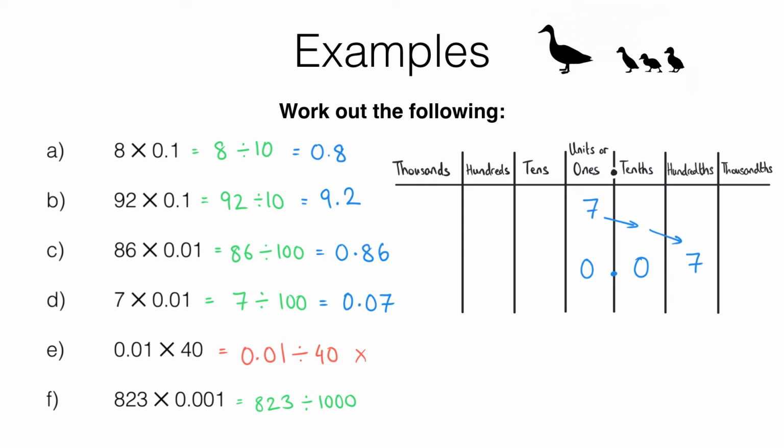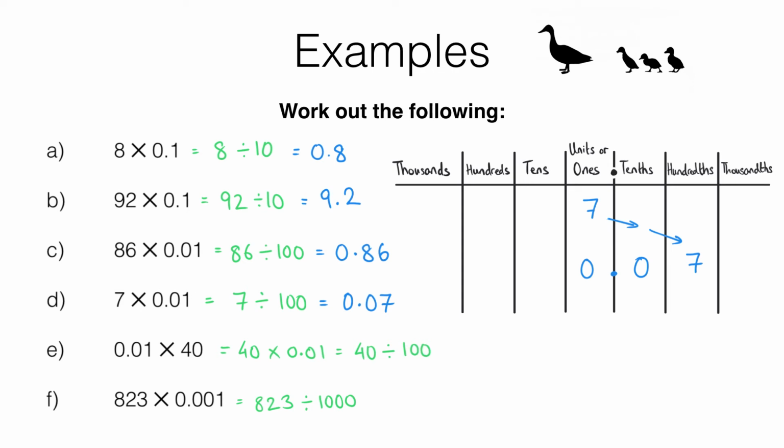What you've actually got to do here is spot that 0.01 times 40 is the same thing as 40 times 0.01, because remember, it doesn't matter which way round you multiply two numbers together. And 40 times 0.01 is the same as 40 divided by 100. Remember, multiplying by 0.01 or 100th is the same as dividing it by 100.